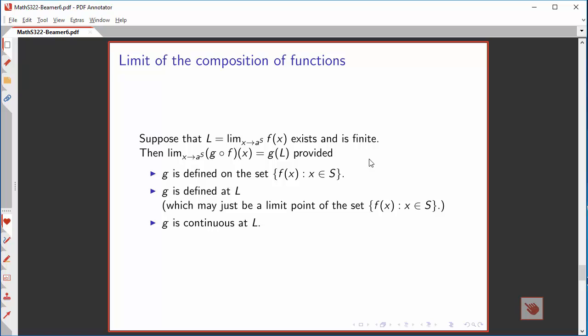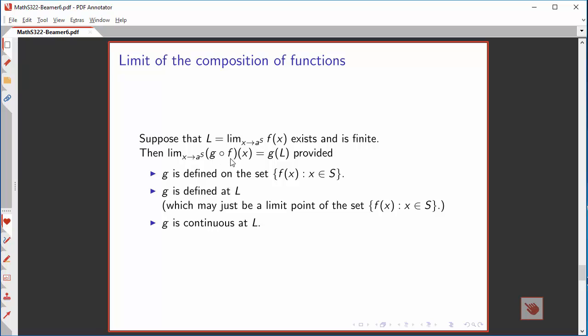For calculus, we're also going to need the composition of functions when we get around to the chain rule. And in this case, the existence of the limit involves some rather subtle conditions. Let's suppose that we know that the function f has the limit L as x approaches a.